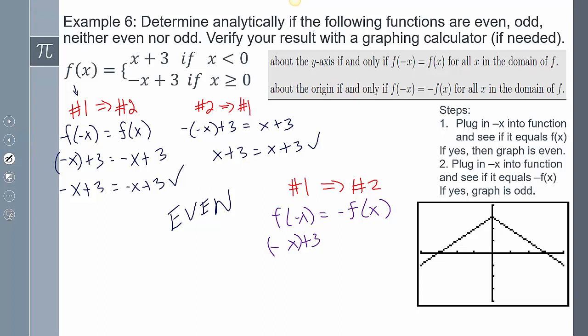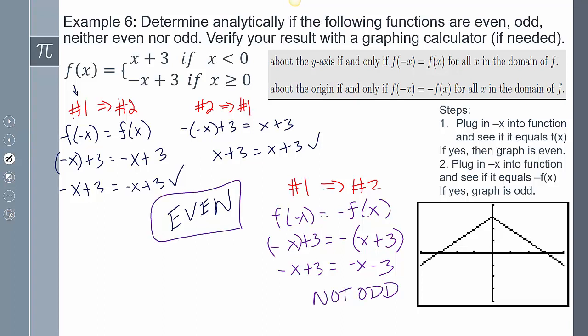Right, my input is that. Does that equal the negative of the function from number 2? Well, if I distribute that negative, this becomes negative x plus 3, I get negative x minus 3. Those are not the same, and so because they're not the same, it's not going to be odd. And so it's only even.